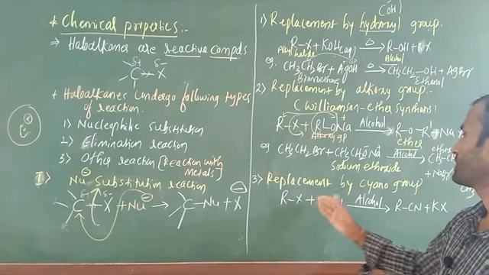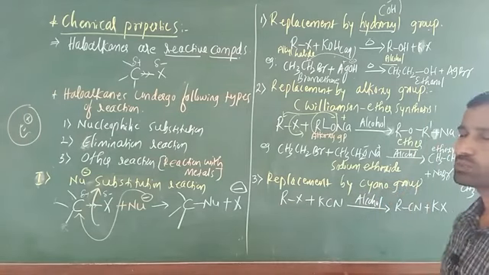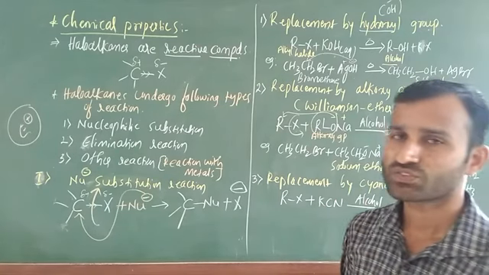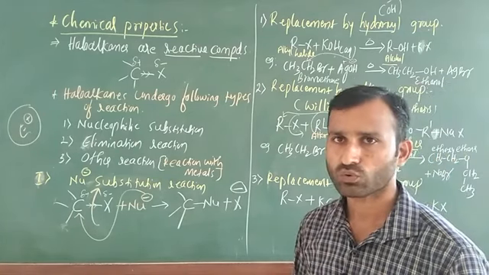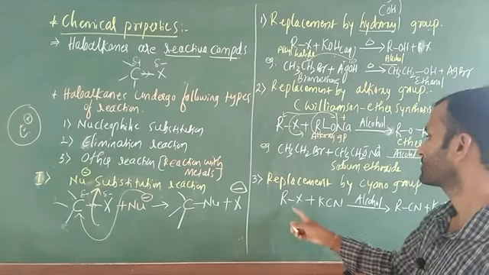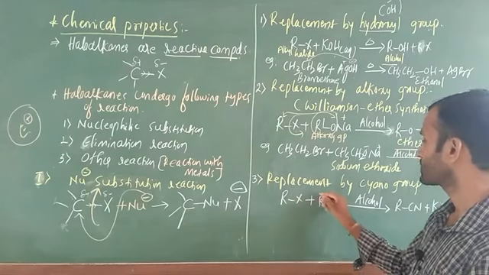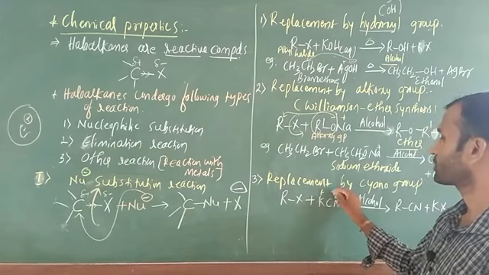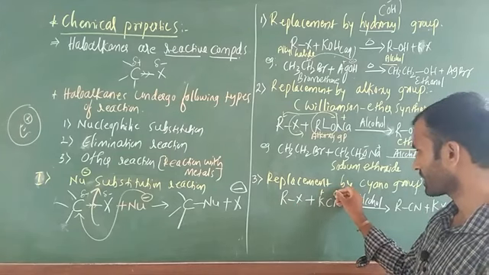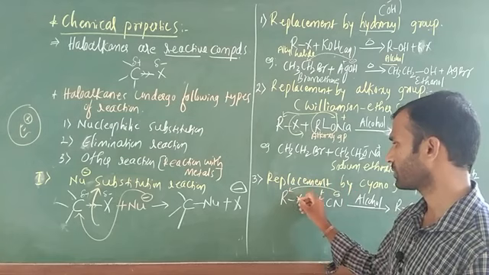Okay. Replacement by cyano group. Cyano means cyanide, CN minus, which acts as a strong nucleophile also. Just here, this is RX, and this is potassium cyanide. Obviously in this case this has a K plus and a CN minus, and this minus is going to attack on this carbon.